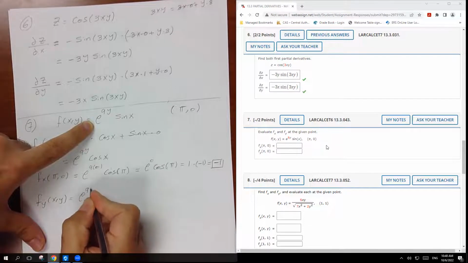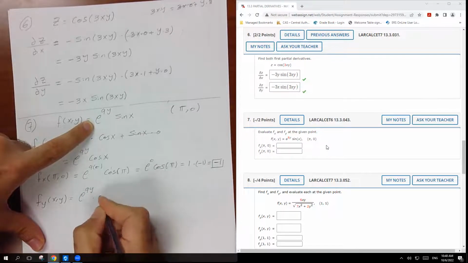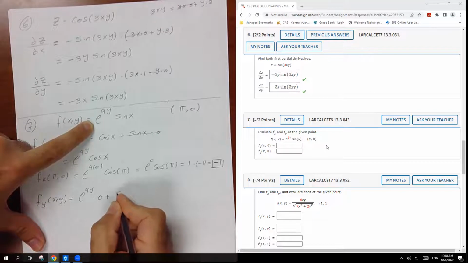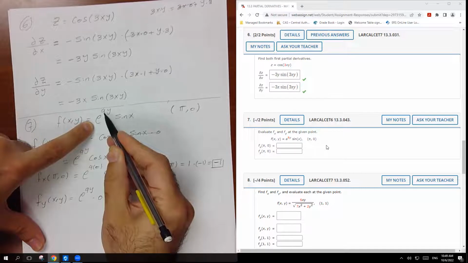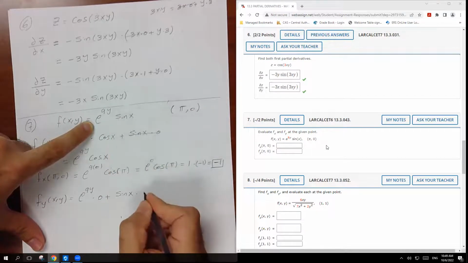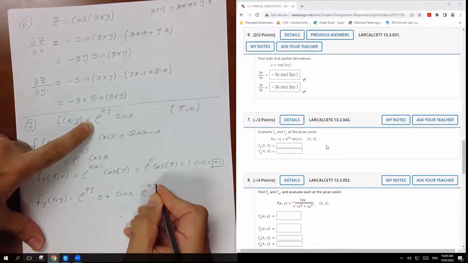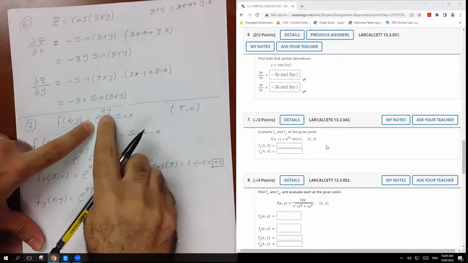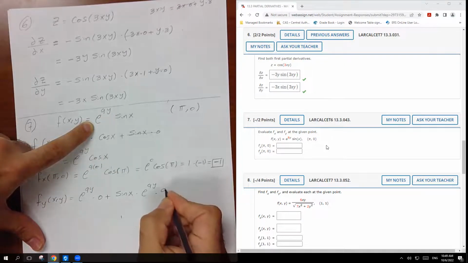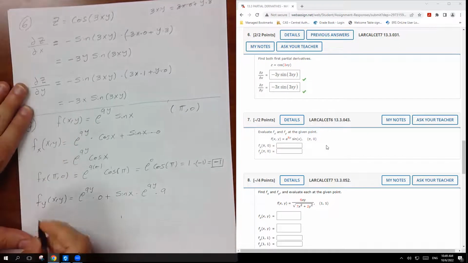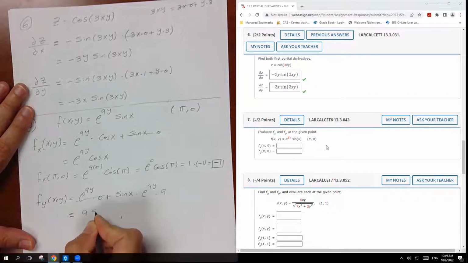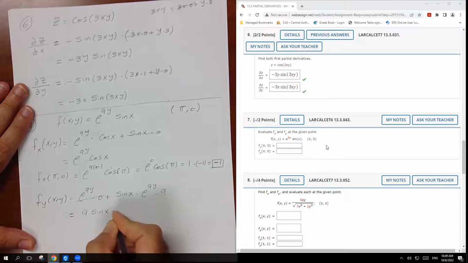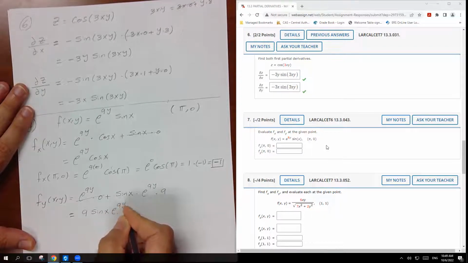E to the 9y times 0, plus the second one, which is sine x, times the derivative of e to the 9y, which is e to the 9y times the derivative of the exponent, which is 9. This is 0, so this is going to be 9 sine x e to the 9y.